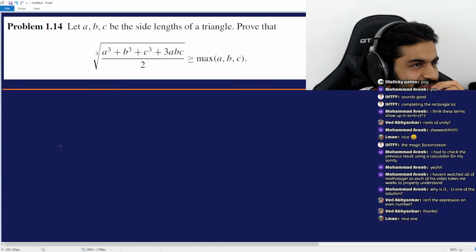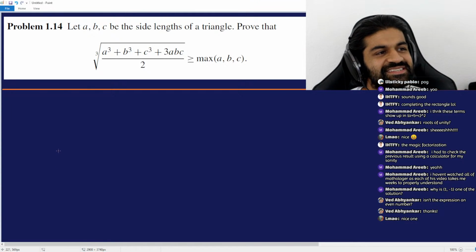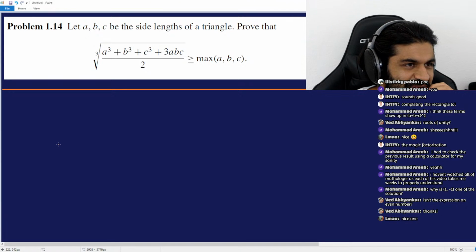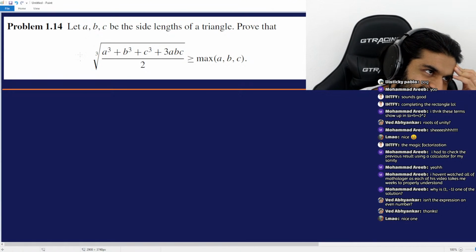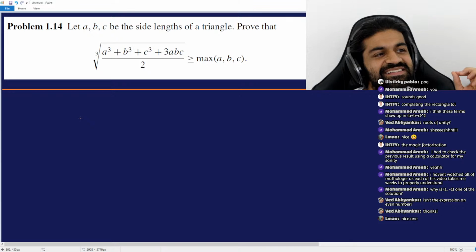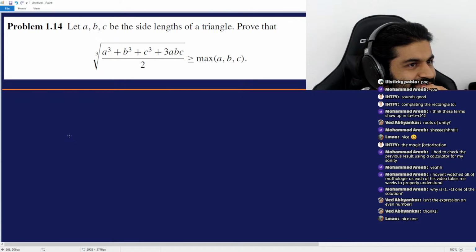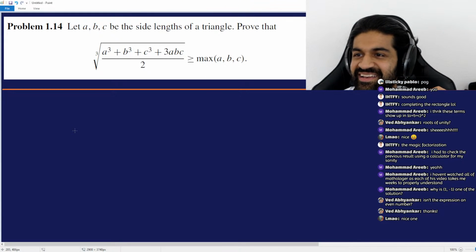So, a cubed plus b cubed plus c cubed plus 3abc over 2 is greater than or equal to the largest of a, b, and c if a, b, and c are the side lengths of a triangle. If any of you have any other bright ideas, please let me know.